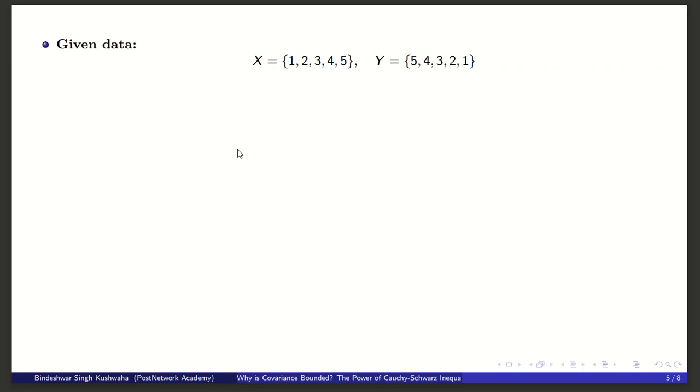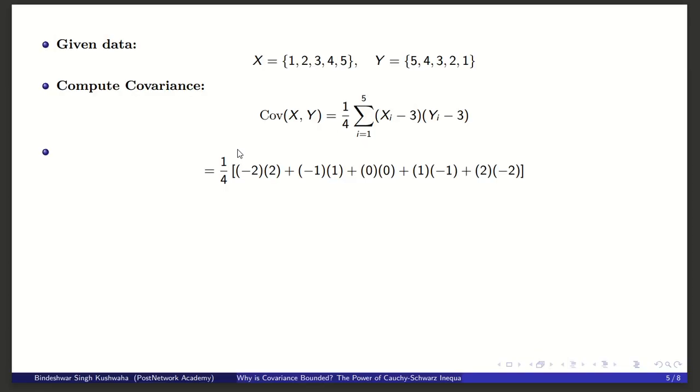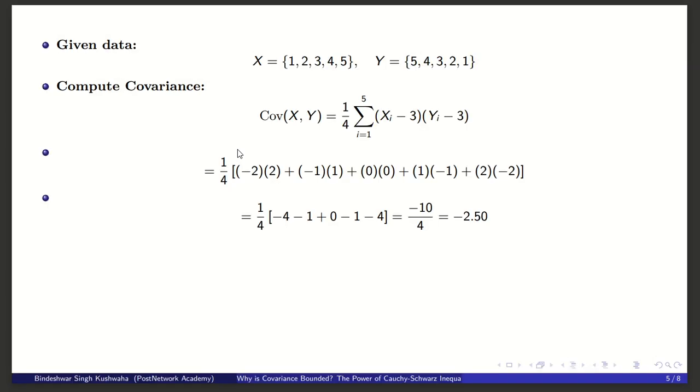Now I have taken 1, 2, 3, 4, 5 and the completely opposite direction, 5, 4, 3, 2, 1. Here the mean would be 3, so you subtract the mean from each value, multiply, add from 1 to 5, and divide by 4, so that would be equal to minus 2.50.